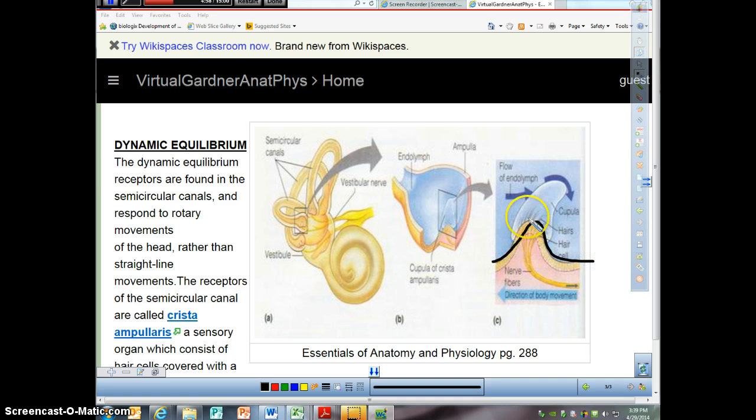And here's your nerve fibers. Again, here's cells. And then here's the hair extending up into this gelatinous material called the cupula.